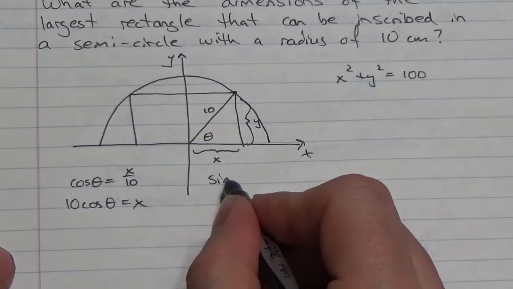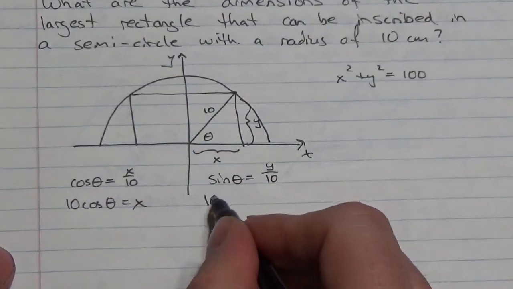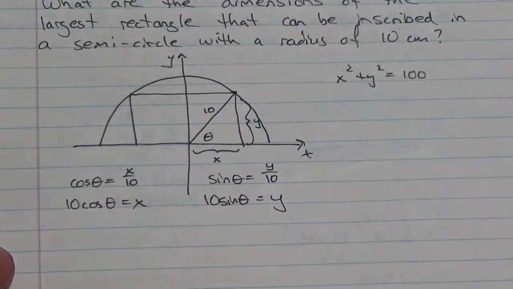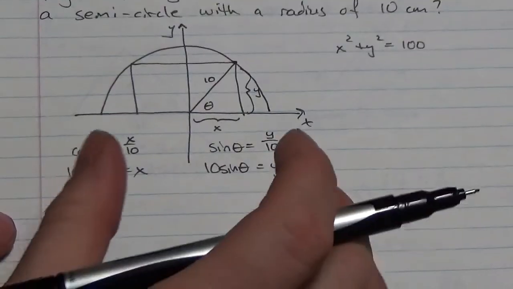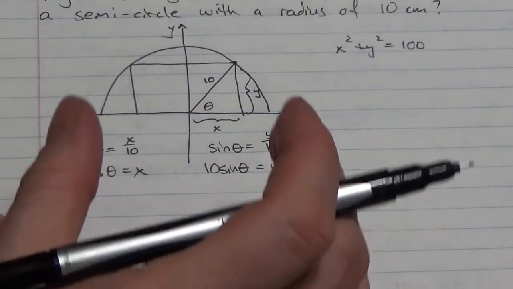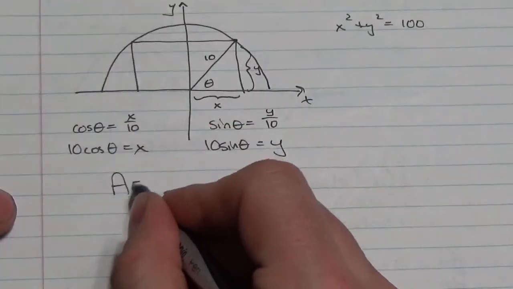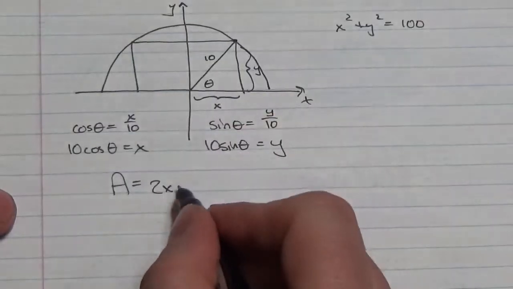Just like the sine of theta would be equal to y over 10, or 10 multiplied by the sine of theta is going to equal y. Now, I want to come up with an expression for the area of that rectangle. Well, the area of that rectangle is going to be clearly 2x, because of symmetry, multiplied by y.